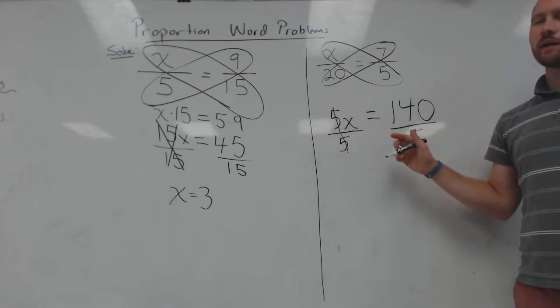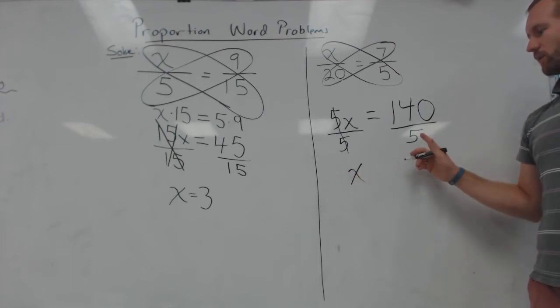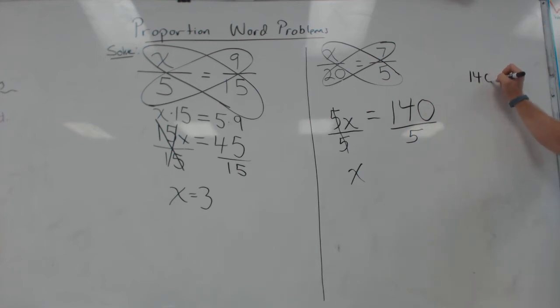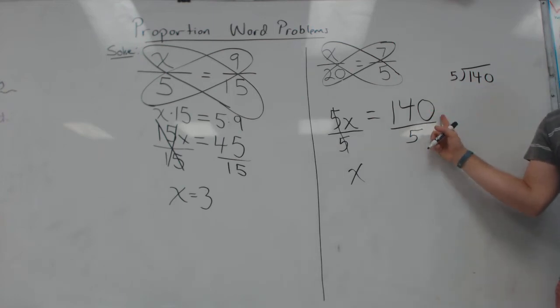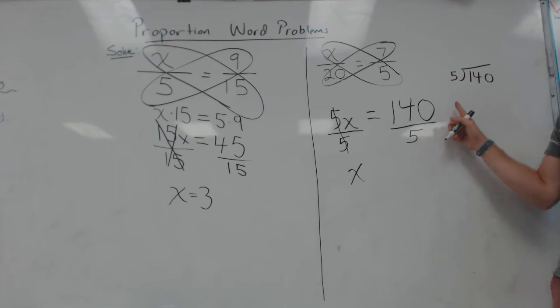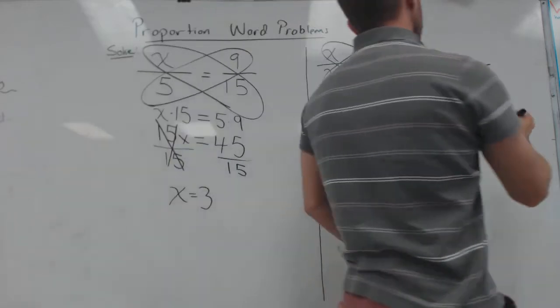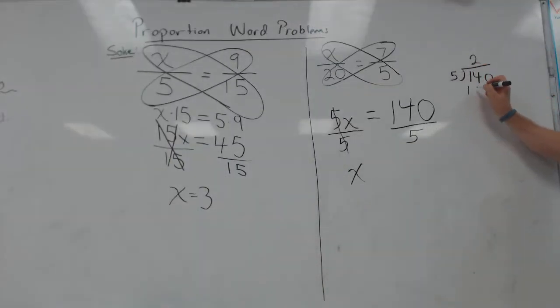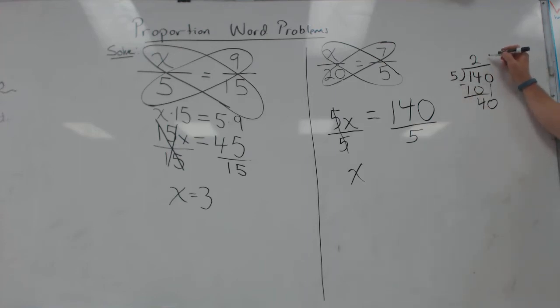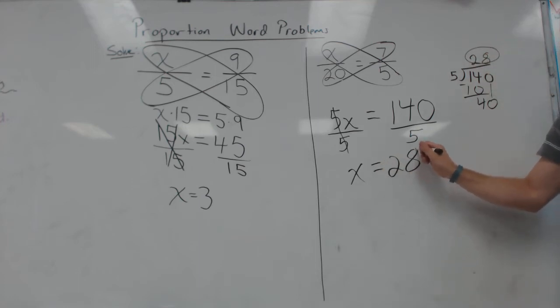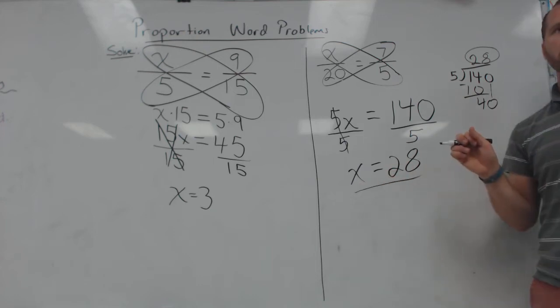Technically it's still the same thing, but for some reason, 140 divided by 5 I don't know off the top of my head, so I'm just going to do long division. So 5 goes into 14 twice. 2 times 5 is 10. 14 minus 10 is 4. Bring down the 0. 5 goes into 40 8 times. So I have x equals 28. So I've solved a proportion.